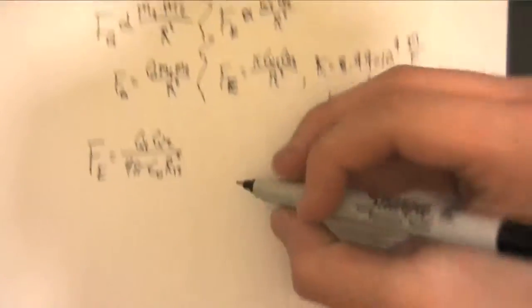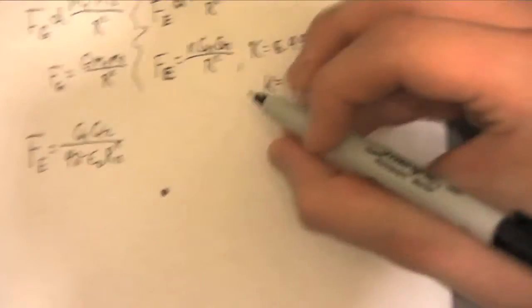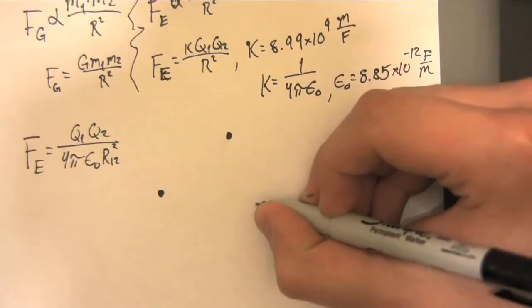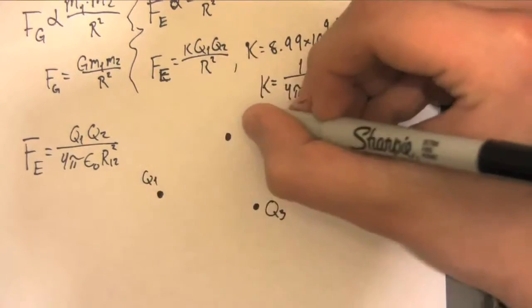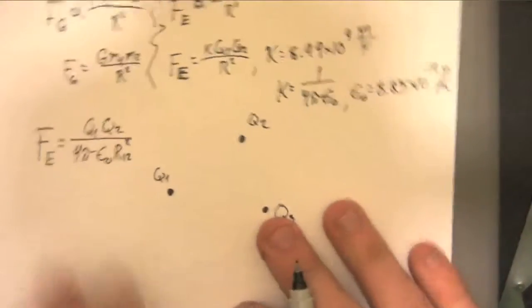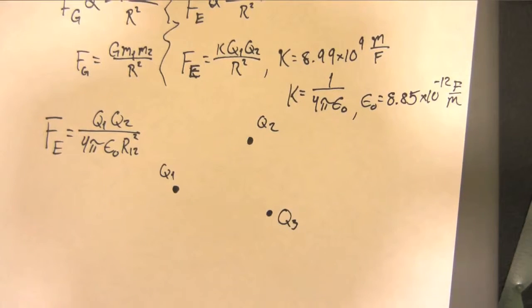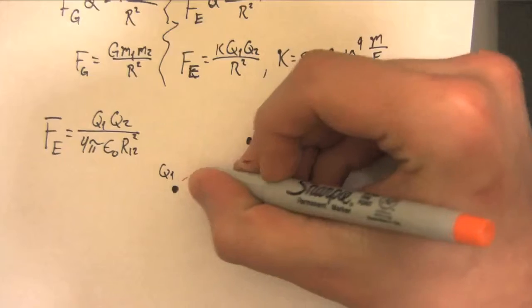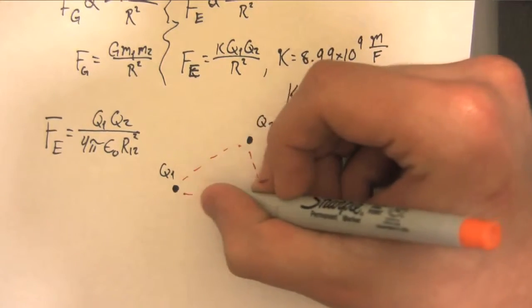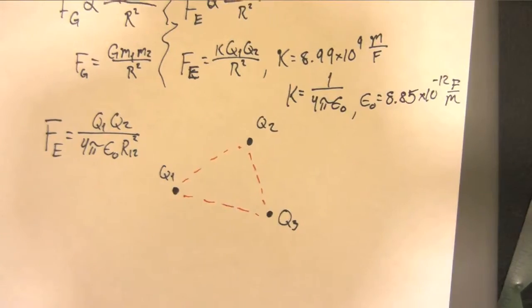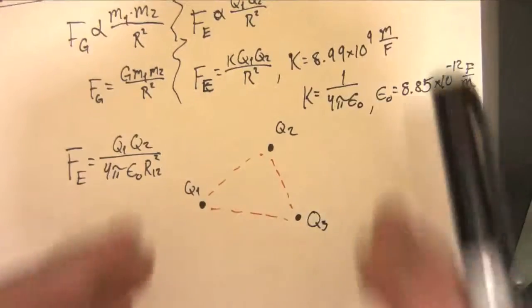So, for instance, suppose we have 3 charges, where this is Q3, Q1, and Q2. These charges have some distance between them, and they're not always necessarily the same distance.